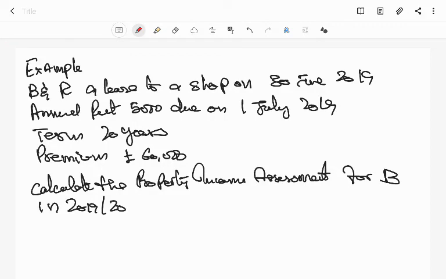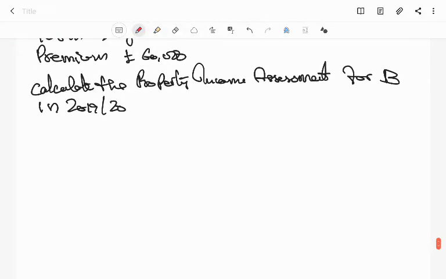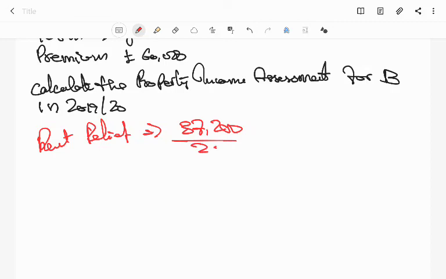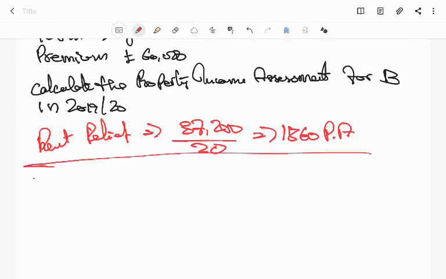What we have to do now is very simple and easy. Rent relief is 37,200 divided by 20. We will get 1,860 per annum as our answer.